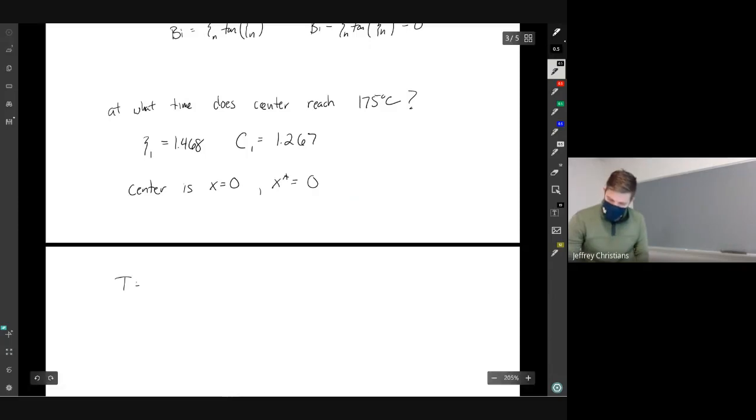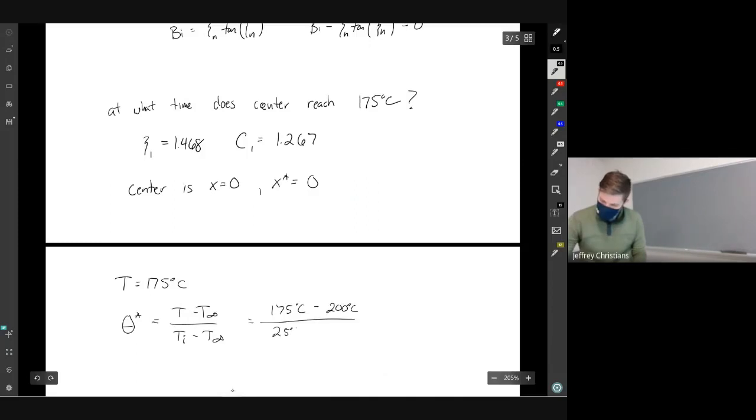So T equals 175 C. Theta star equals T minus T infinity over Ti minus T infinity. So this would be 175 C minus 200 C over 25 C minus 200 C.